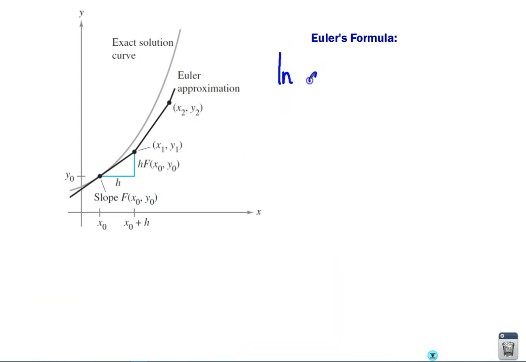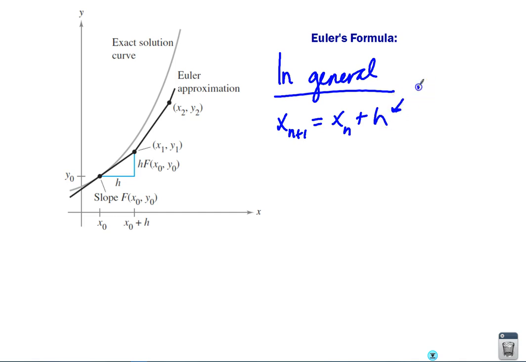In general, for Euler's formula, I'm going to give you a starting position. My next x value is equal to my previous x value plus h. This is called the step. For example, 2 to 2.1, my step was 0.1.